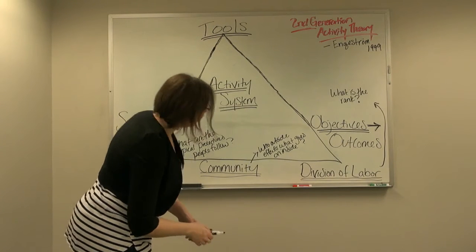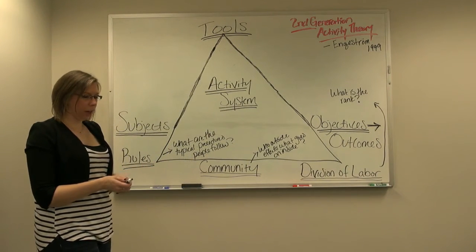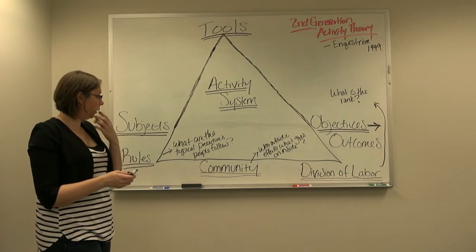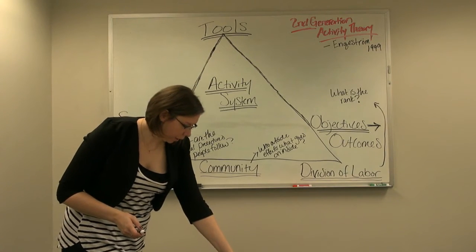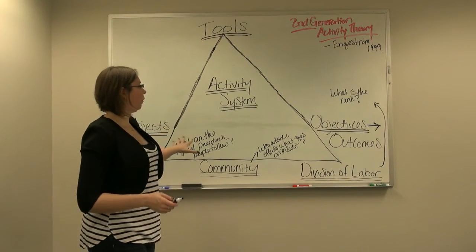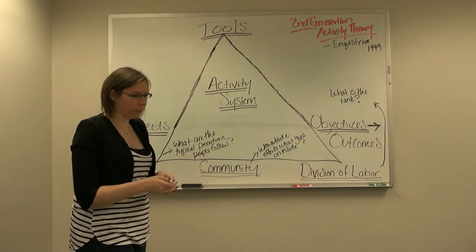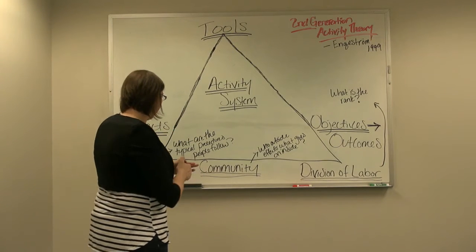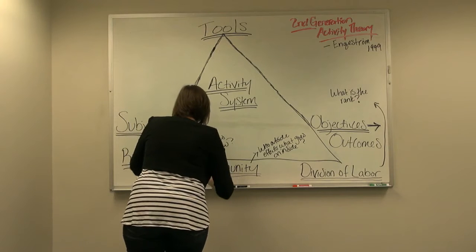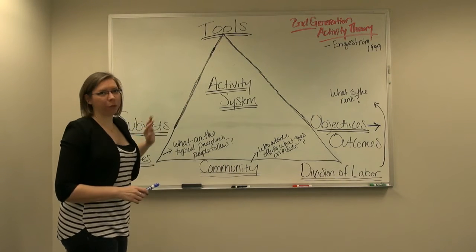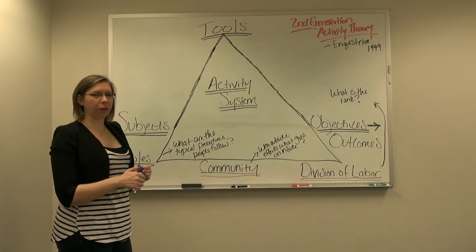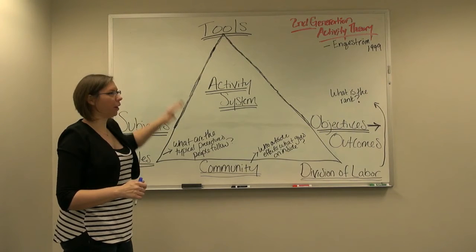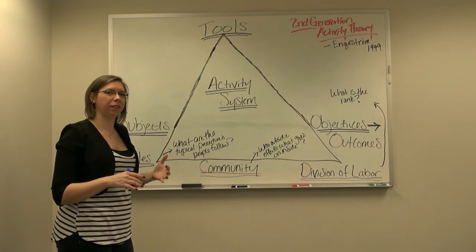Okay. So in talking about how everything is connected, let's start with the outside of our triangle first. So let me grab a different color marker here. We already talked about how these three basic things are connected, so let's just focus on how these connect to our new ones and how the new ones connect with each other.